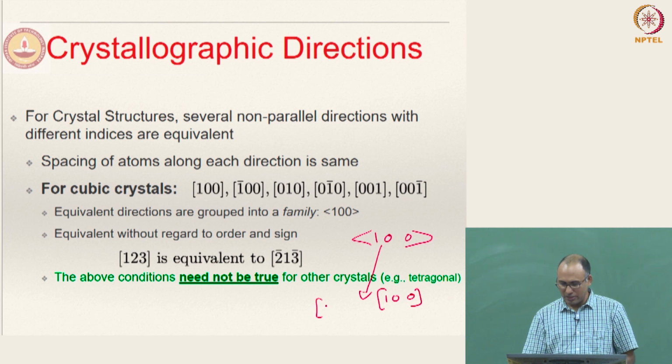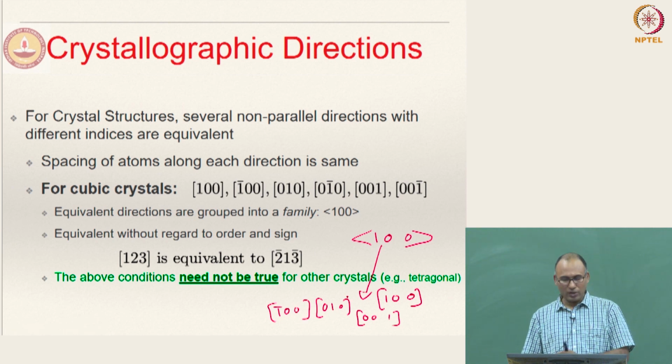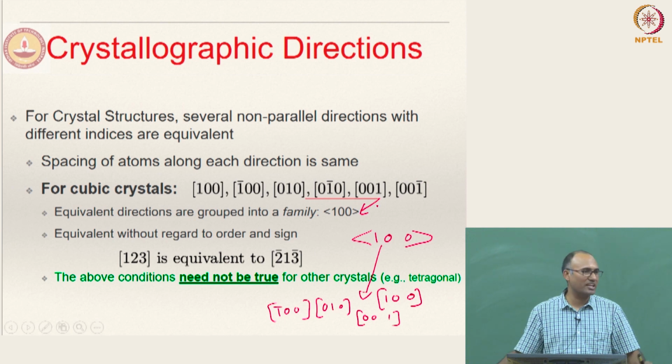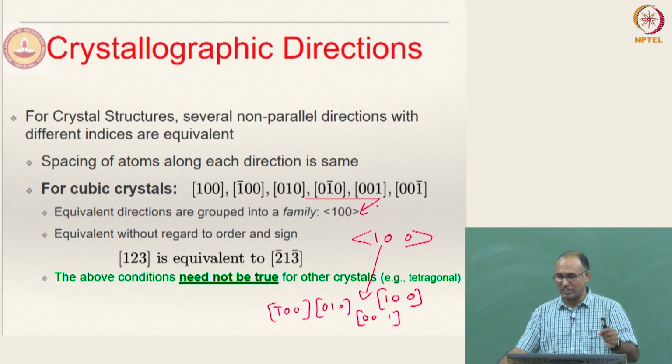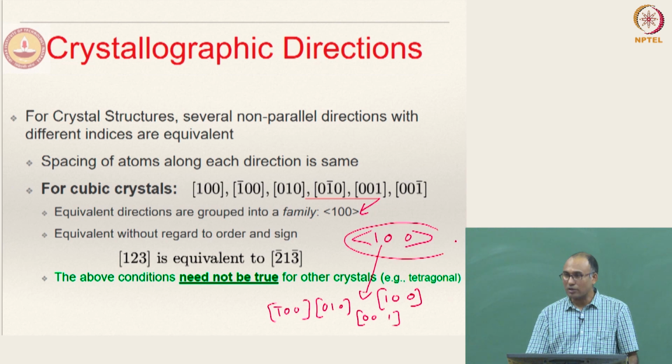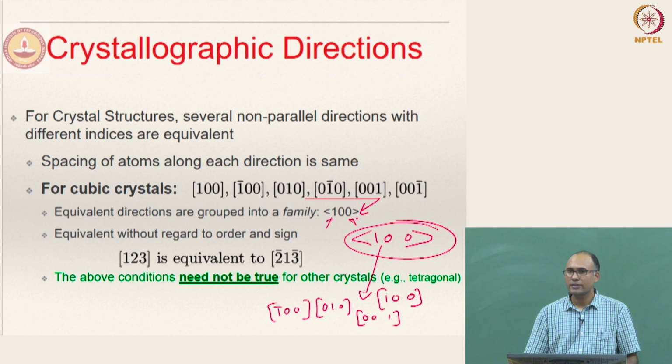So it need not be 1 0 0, 0 1 0, 0 0 1. Again 1 bar 0 0, 1 and 1 bar again, and then you have all the combinations. That is why this is called a family of 1 0 0 directions. All these directions are equivalent. And to represent a family of crystallographic directions, the enclosure is a different enclosure. That is the enclosure. Okay.